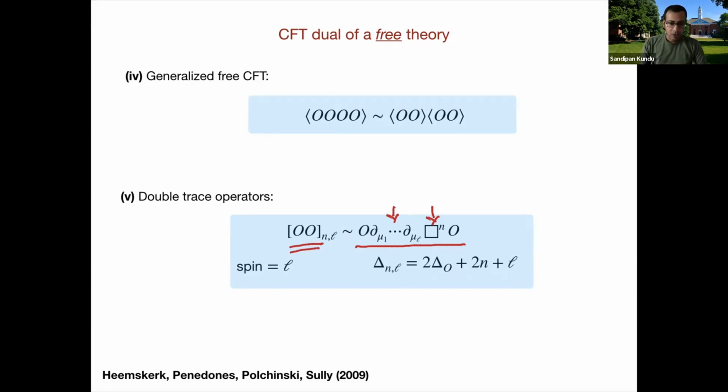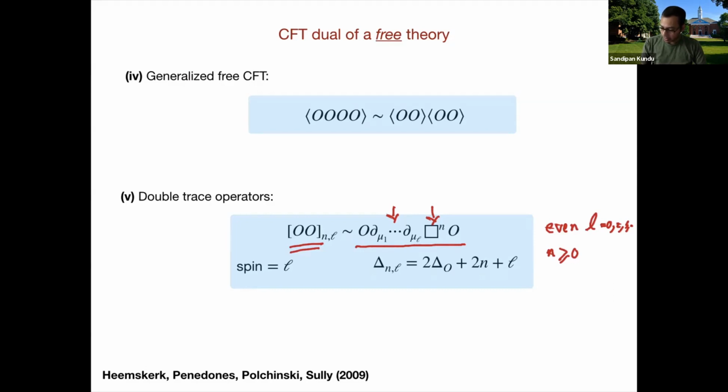So from crossing, we know that all such double trace operators have to be present in the theory for all even L, so 0, 2, 4, and so on, and all non-negative integer n.